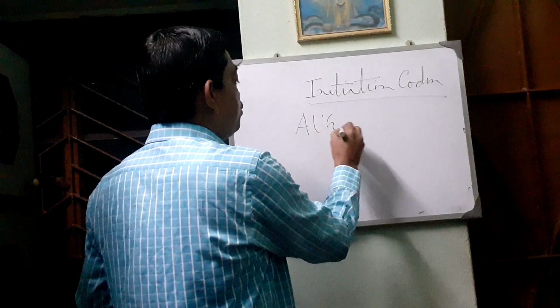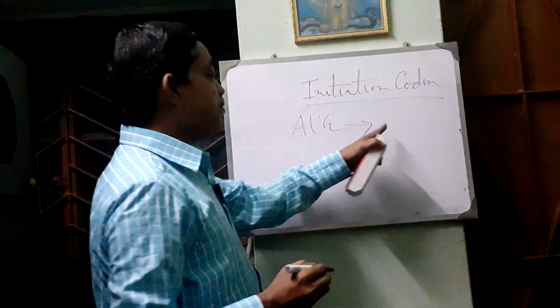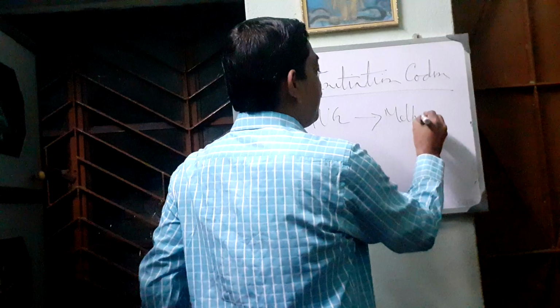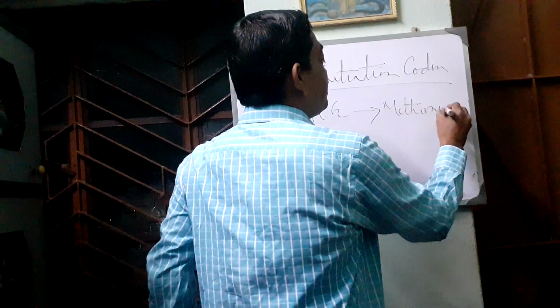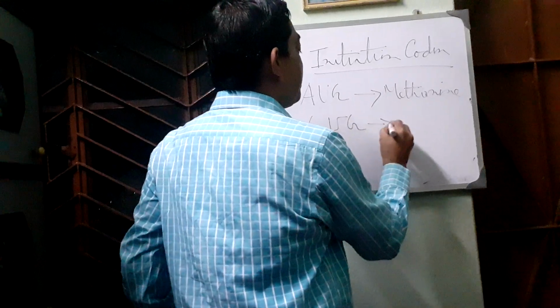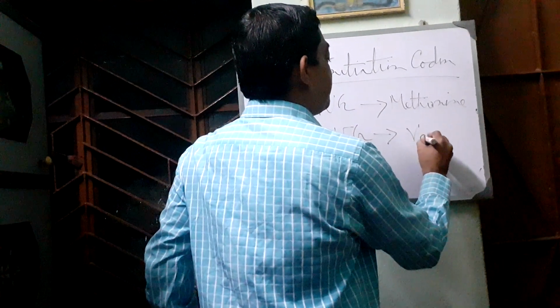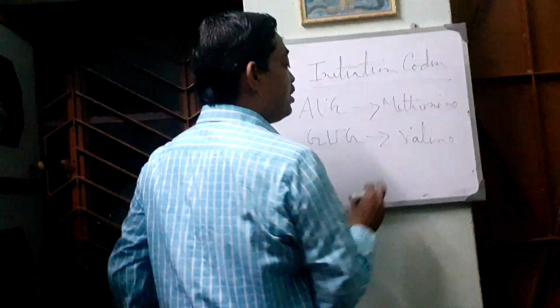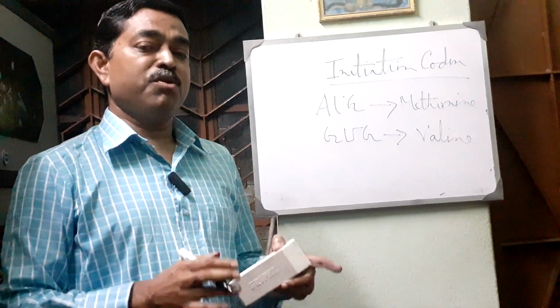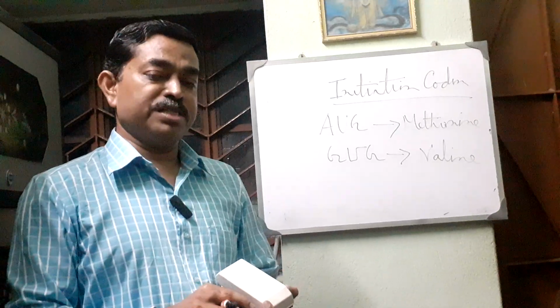One is AUG, which specifies the amino acid methionine, and another is GUG, which specifies valine. So with methionine and valine we can start the gene structure for protein production.